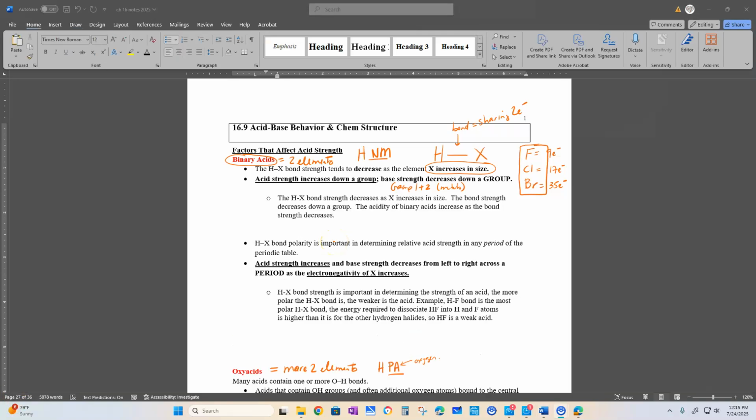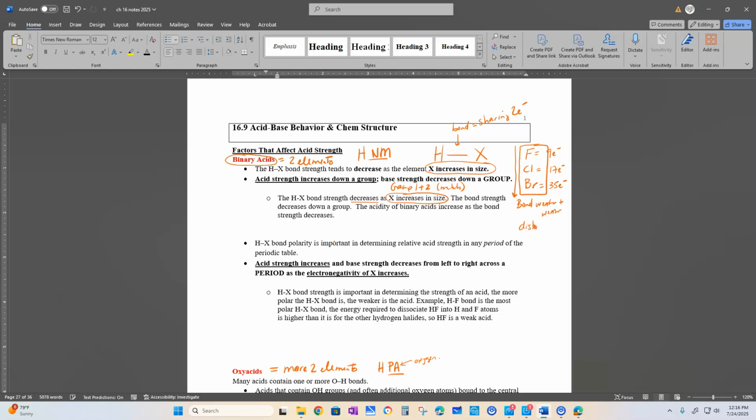So your explanation for why the acid strength increases is you have to look at the distance in that bond between the H and those electrons. So the bond strength, which is keeping those electrons close together, decreases in strength as the X, the size of that nonmetal, increases. So the bond strength decreases down the group, which means as you go down, the bond strength gets weaker and weaker. And why?